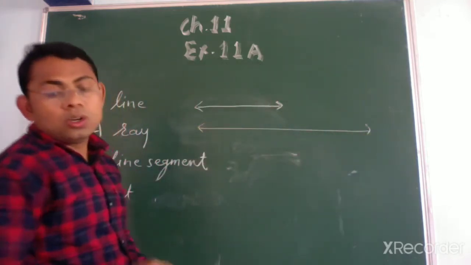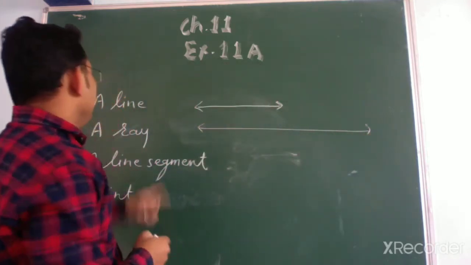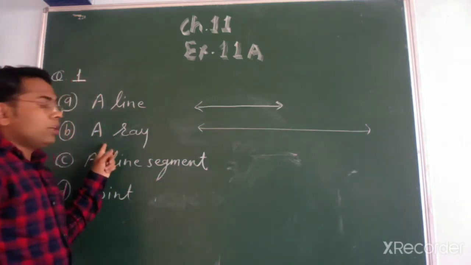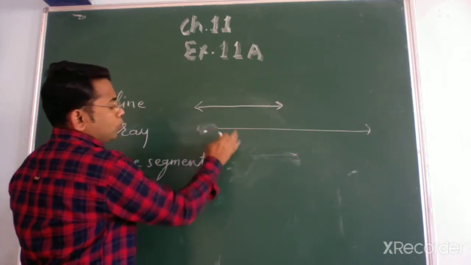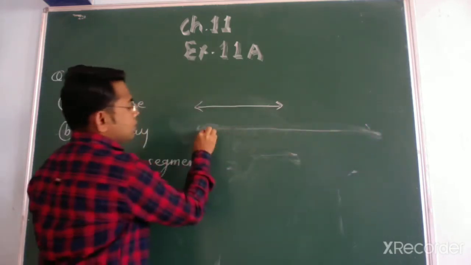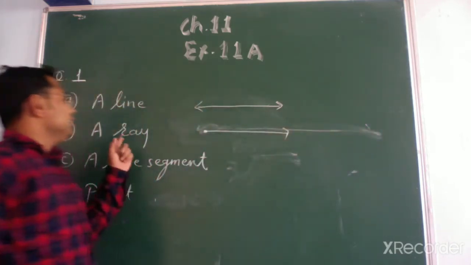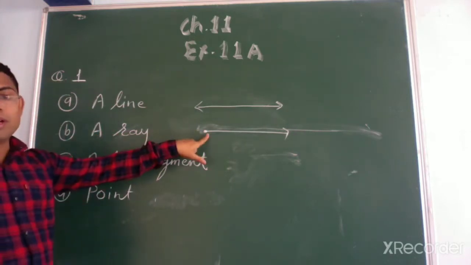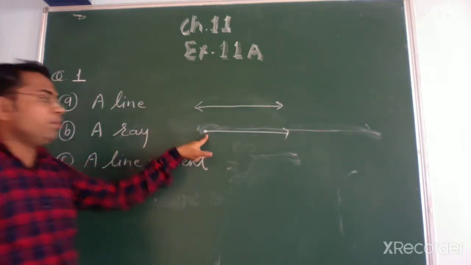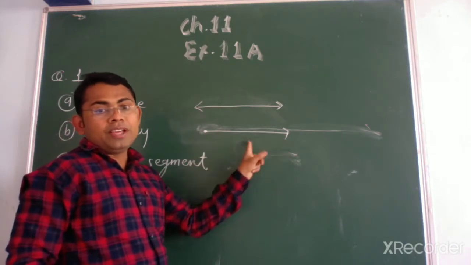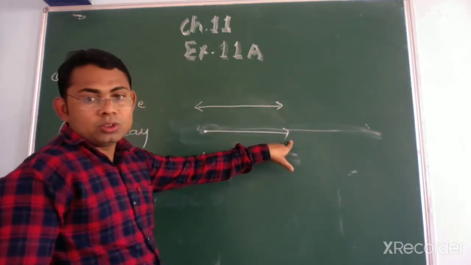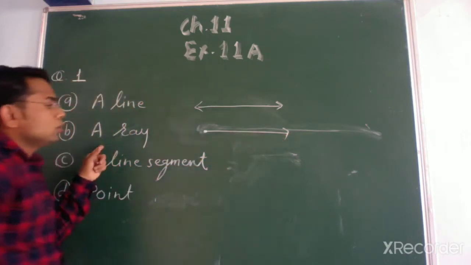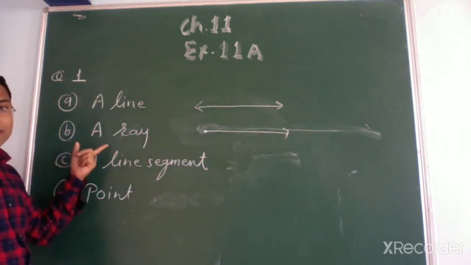What about a ray? A ray has an end point or starting point, and we extend it in any direction. So a ray has no fixed length.